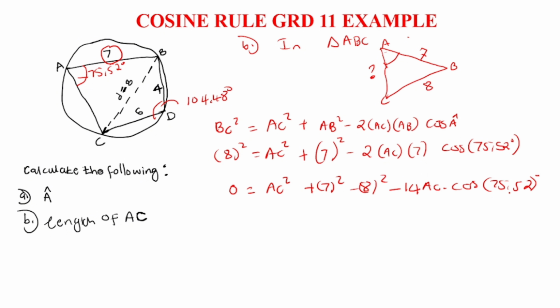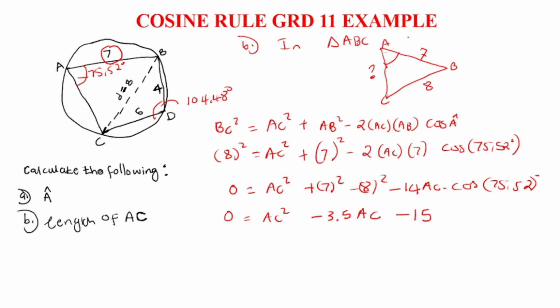Okay, you can take 14 times this cos. Then this 7 squared minus 8 squared, you can check that on your calculator. It should give us a minus 15. And then this one, negative 14 times cos 75.52 and then multiply by AC, is going to give us minus 3.5 if I'm not mistaken. Please check my maths, guys. Check what I'm doing on your calculator.